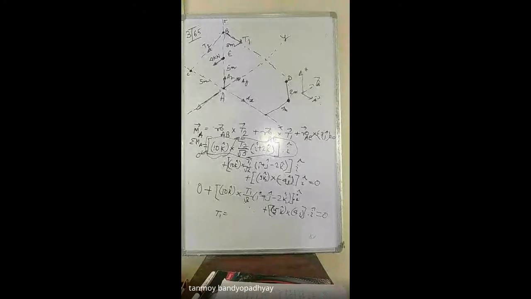Hence, it has no component in the x or z direction. So if we do a dot product with i cap or k cap, we will be able to attain only one equilibrium equation in order to solve for T1.